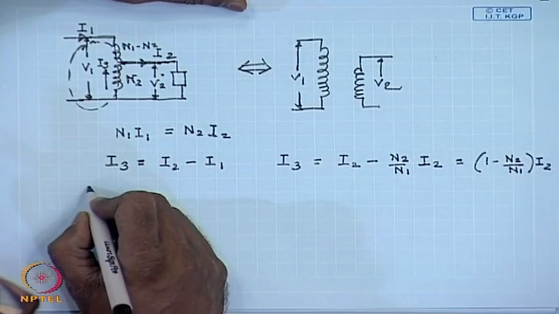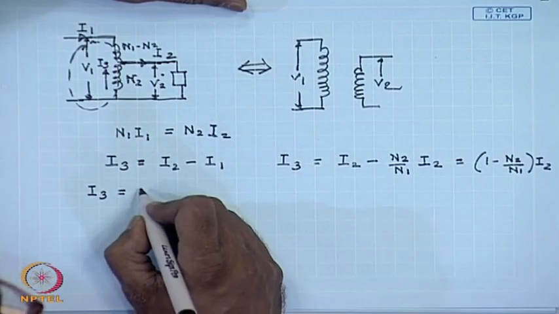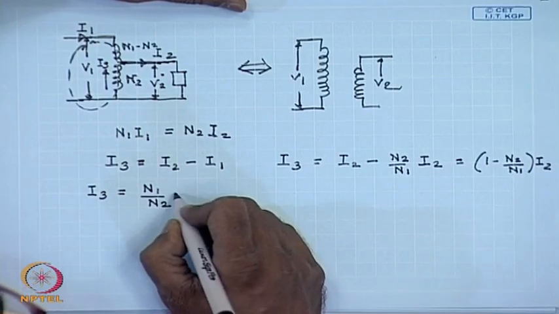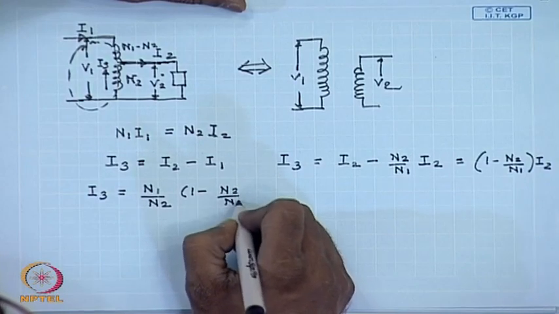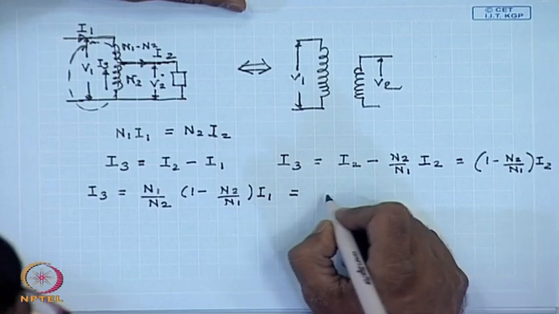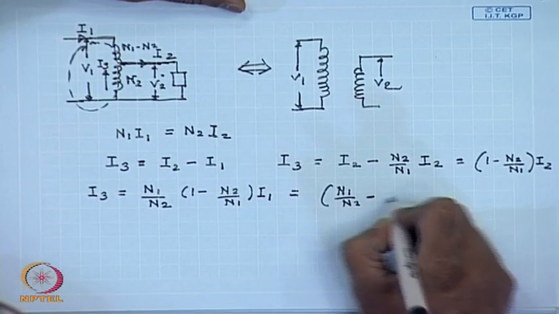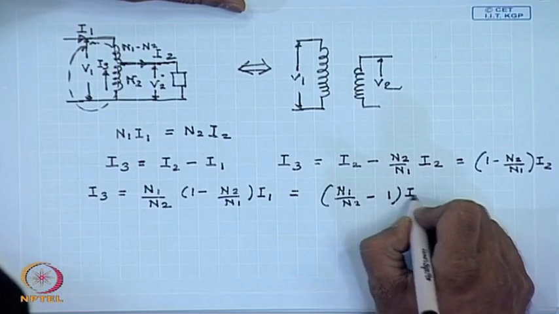Or I3 equal to N1 by N2 into 1 minus N2 by N1 into I1, equal to N1 by N2 minus 1 into I1.